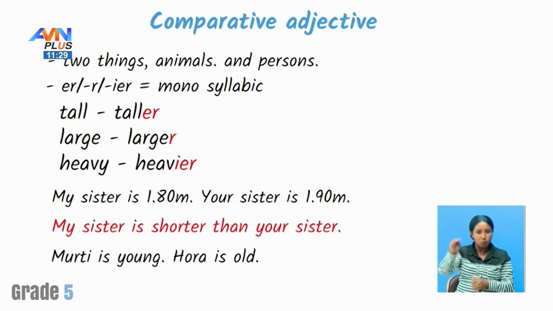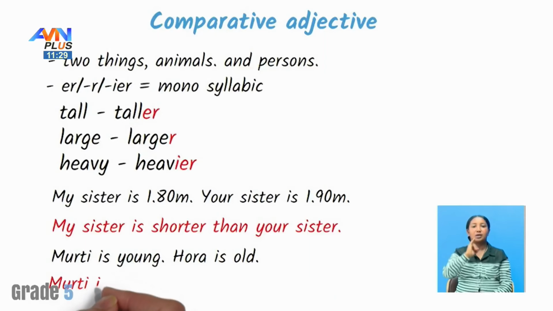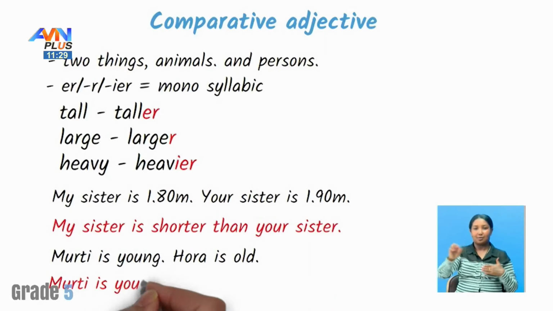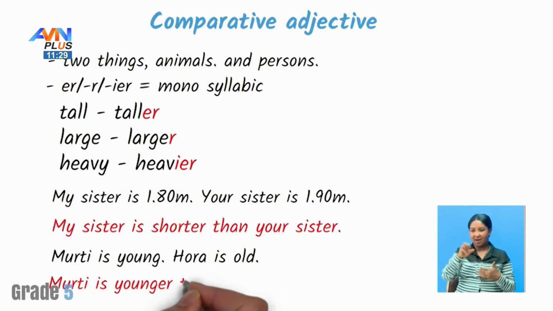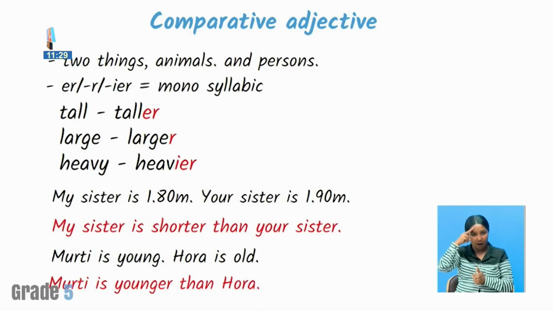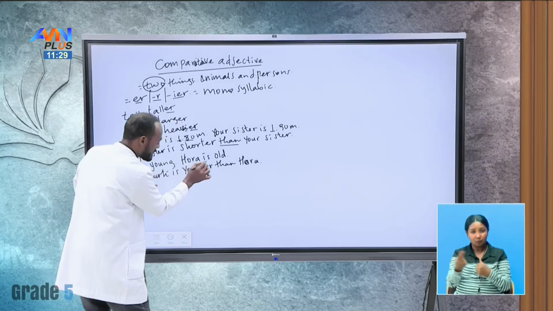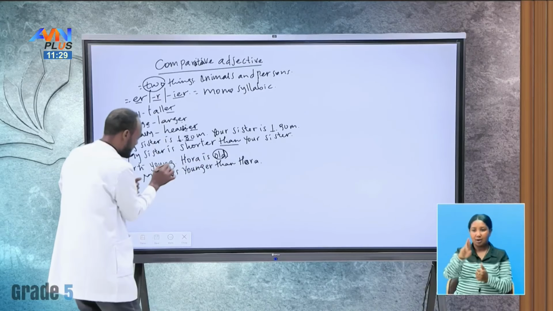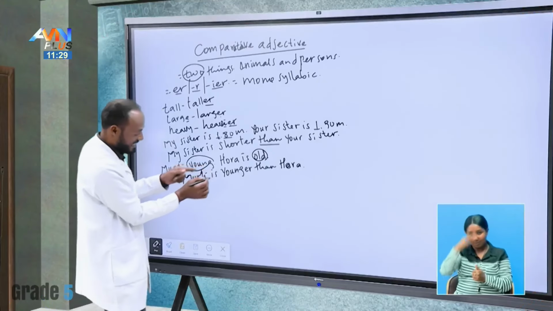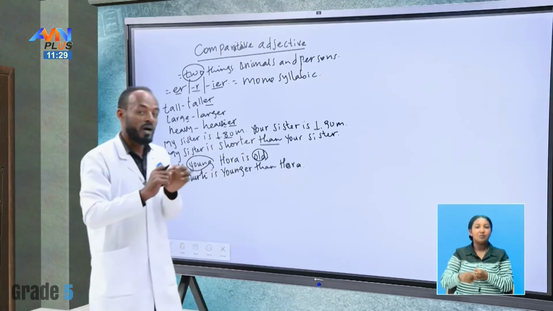Murti is younger than Hora. In this sentence, we have to use just ER because it ends in G. If it ends in E, we have to add only R.